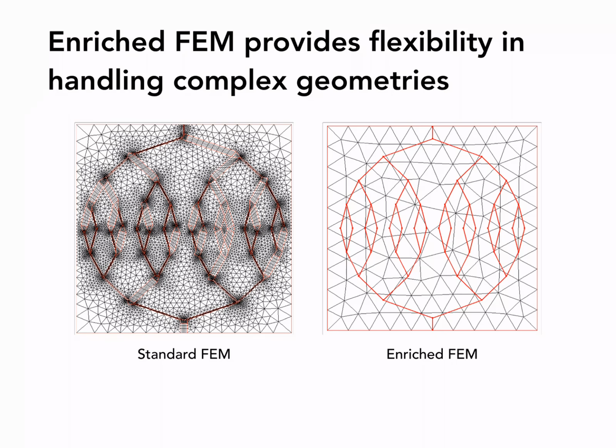So this is, for example, a mesh-independent analysis of microvascular cooling networks. This is part of my PhD work. You can see here that on the left you have a standard FEM, and if you want to create a matching mesh for that, it's a nightmare. But then you can just analyze with the mesh on the right, where your channels are independent of the mesh, and get the same result.